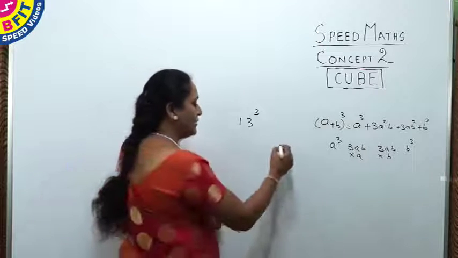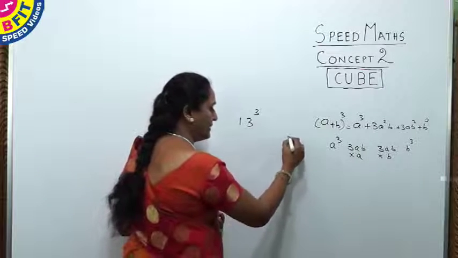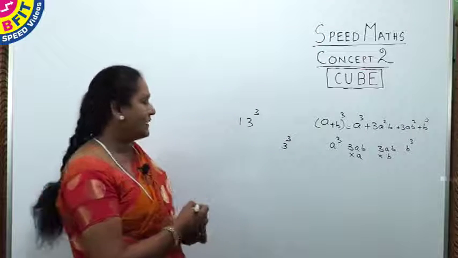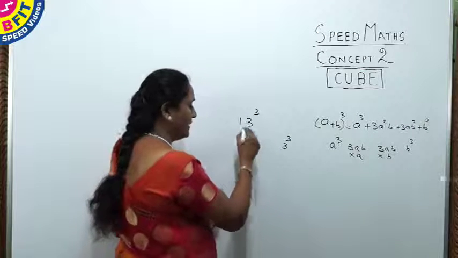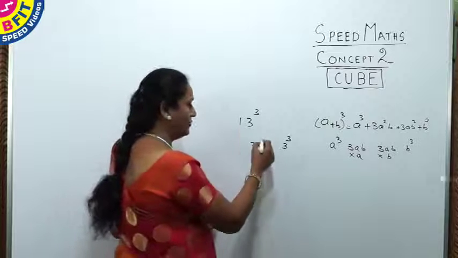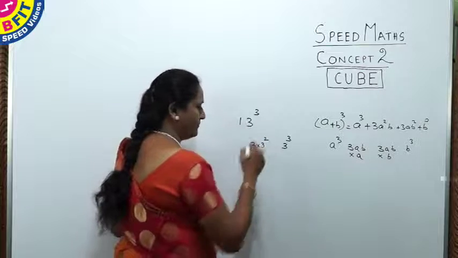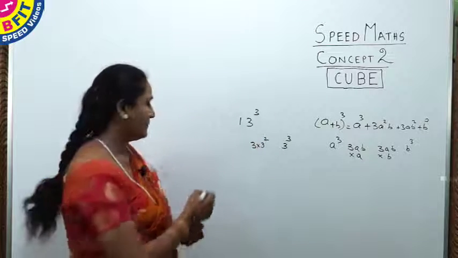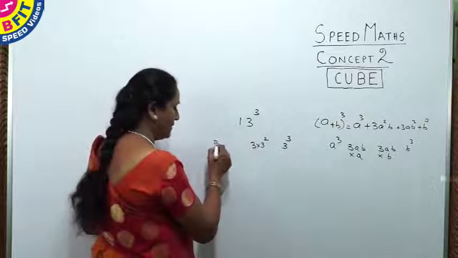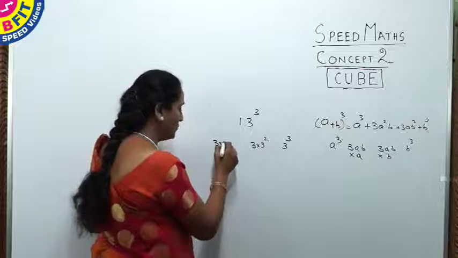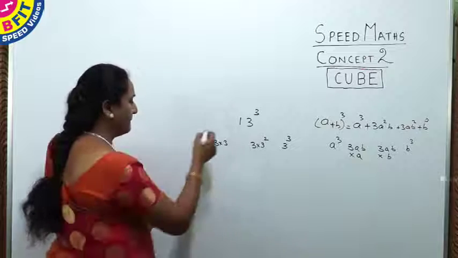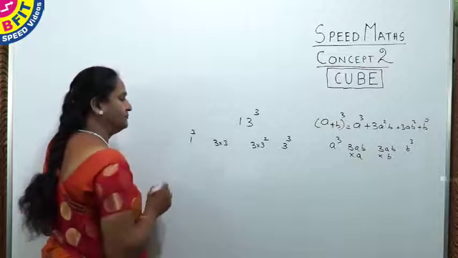So first write b cube, that is 3 cube, and the second it is 3 into a, that is 1, into b square, and here it is 3 into a square, which is 1, into b, and here 1 cube.